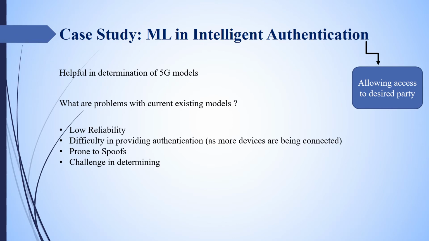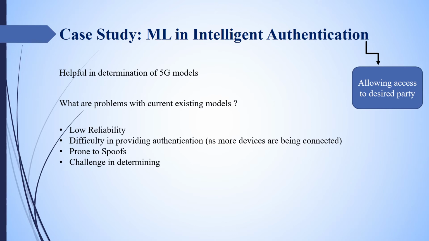As more devices are connecting, it is difficult for the existing models to provide authentication to each and every device. Current models are also prone to spoofs. It can be any type of spoofing, for example IP spoofing, in which an unwanted third-party user disguises itself as a trusted user but actually is not.